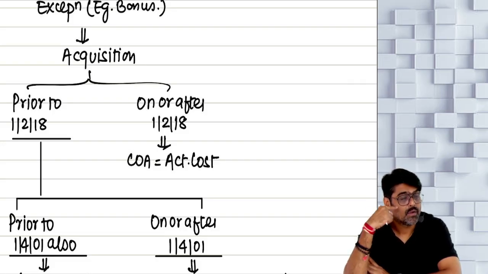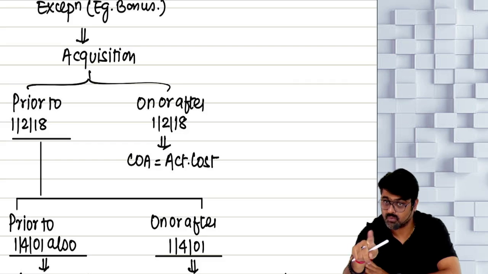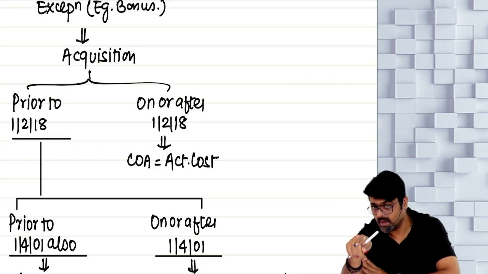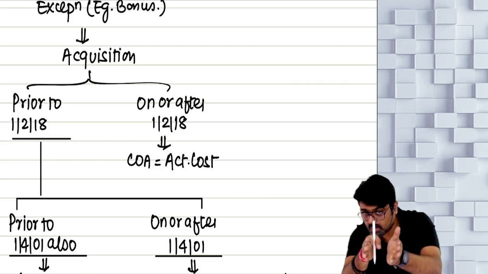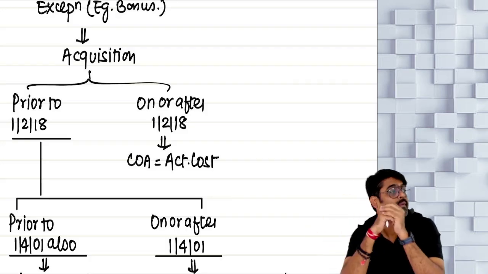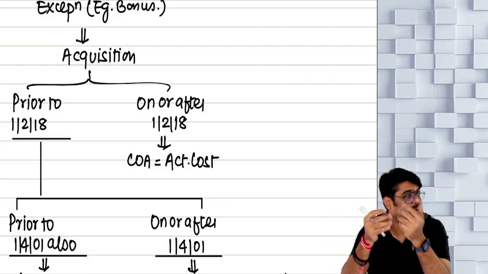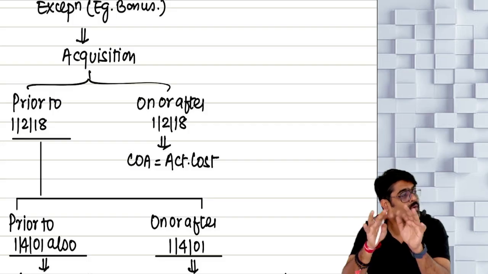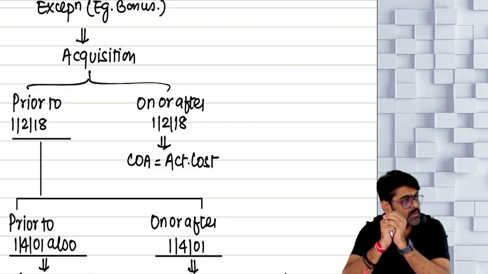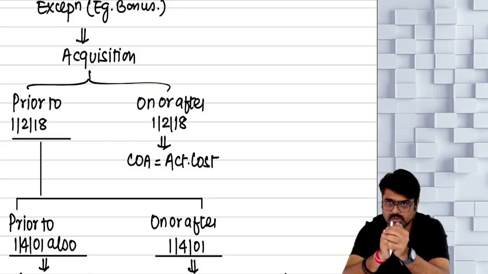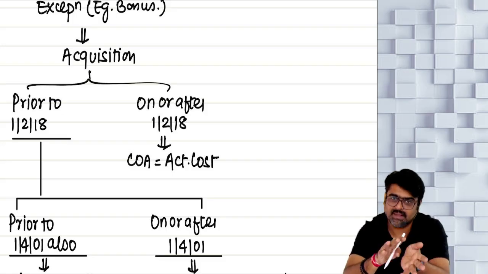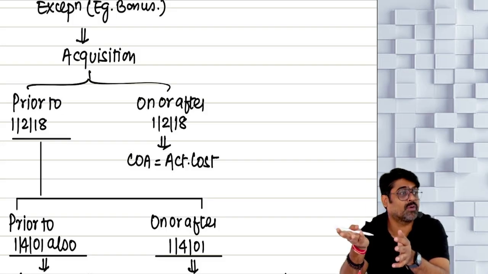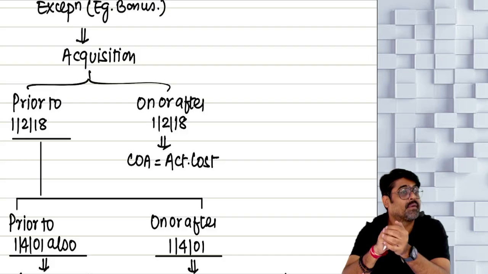112. So bonus shares are issued on 112. On 112, meaning on or after 1st February 2018. Yes or no? So what is the cost of that bonus shares? Actual cost. We took actual cost. Okay, no? And by the way, those bonus shares' period of holding is also less than 12 months.